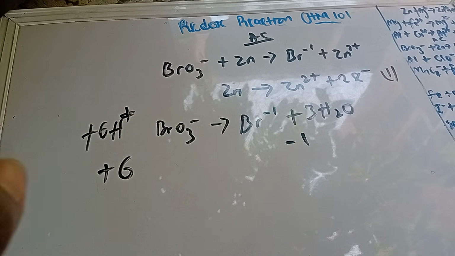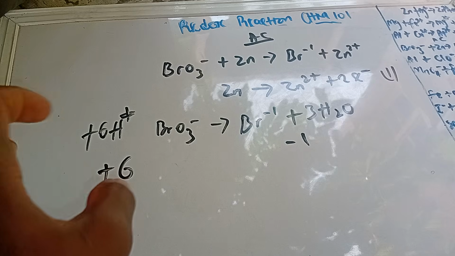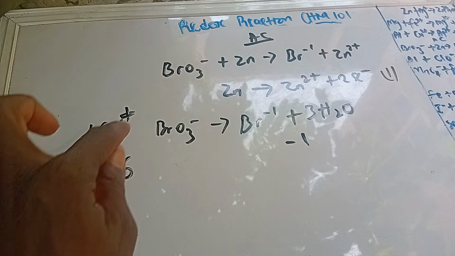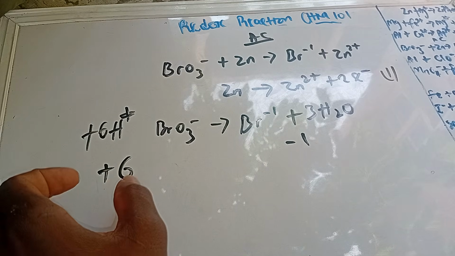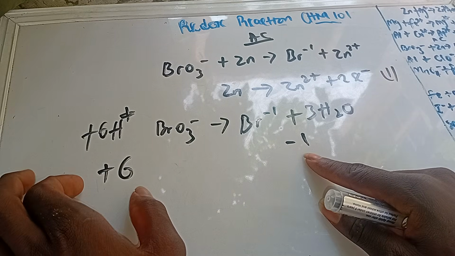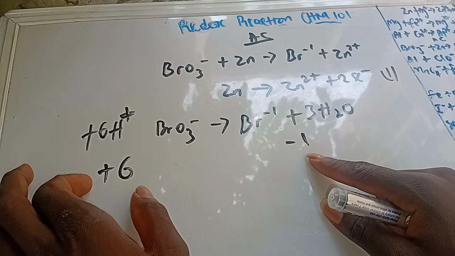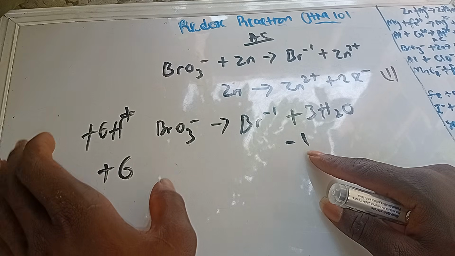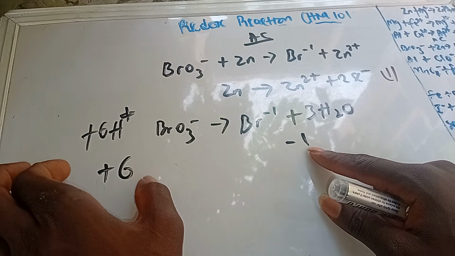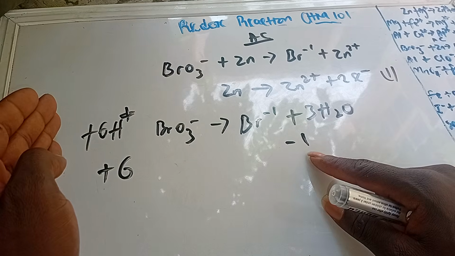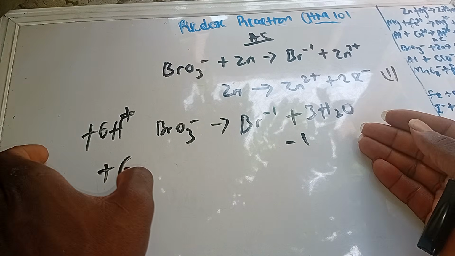So what you do is that the side with H plus is what you will make equal to this one. Do you get what I'm saying? You are adding the charges to balance to the side with H plus, not this side. So you are trying to make this equal to this.